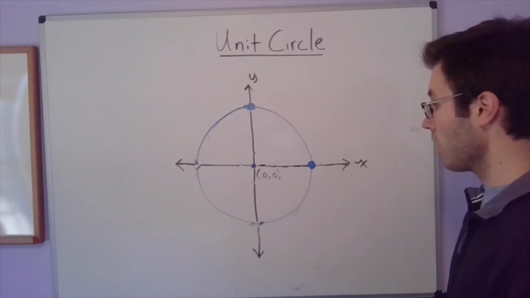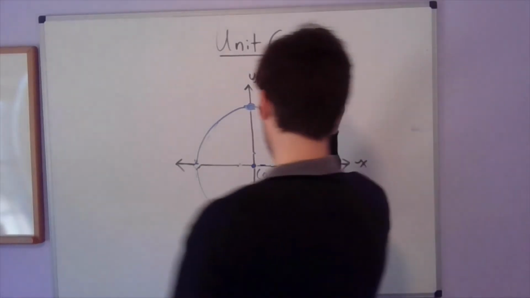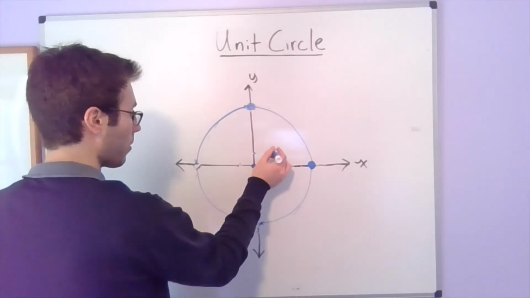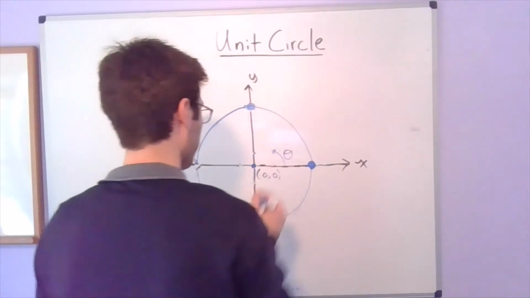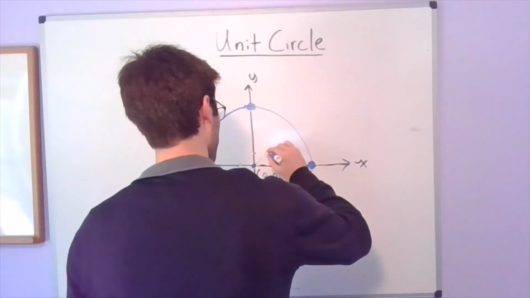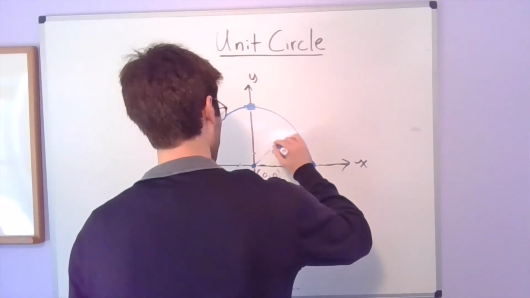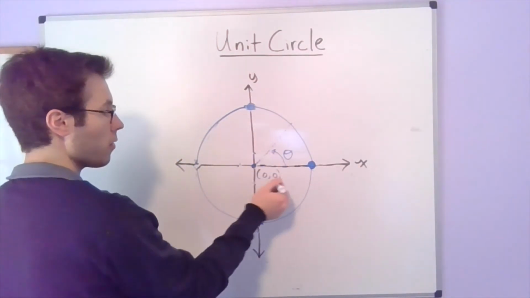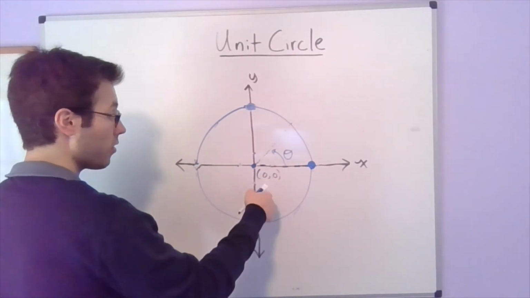Okay. So if I take a value here, call this angle theta. So I'm going to call this angle right here theta. Now, if this angle is theta, it's always in reference from our initial side to our terminal side. If it's down here, it would be negative.